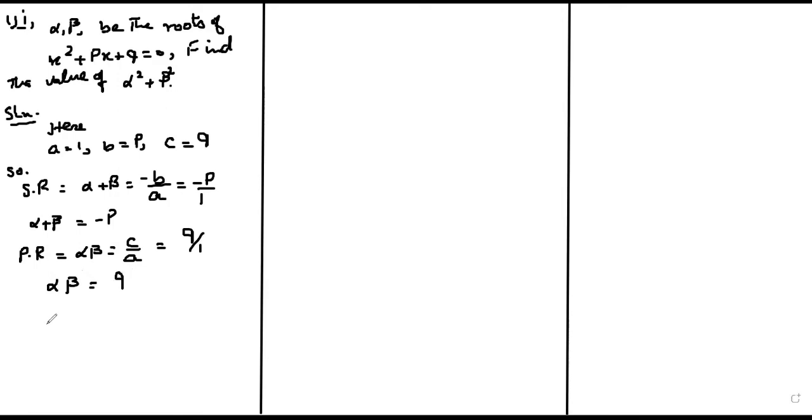Right. Now we have to find the value of alpha square plus beta square. So we have to remember some formulas, right? So we'll write alpha square plus beta square as, this is the formula, alpha plus beta the whole square minus 2 alpha beta.